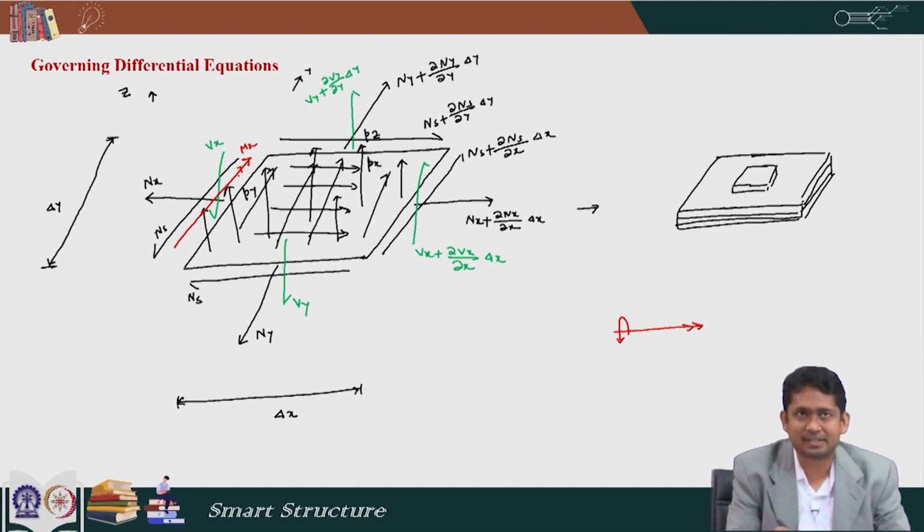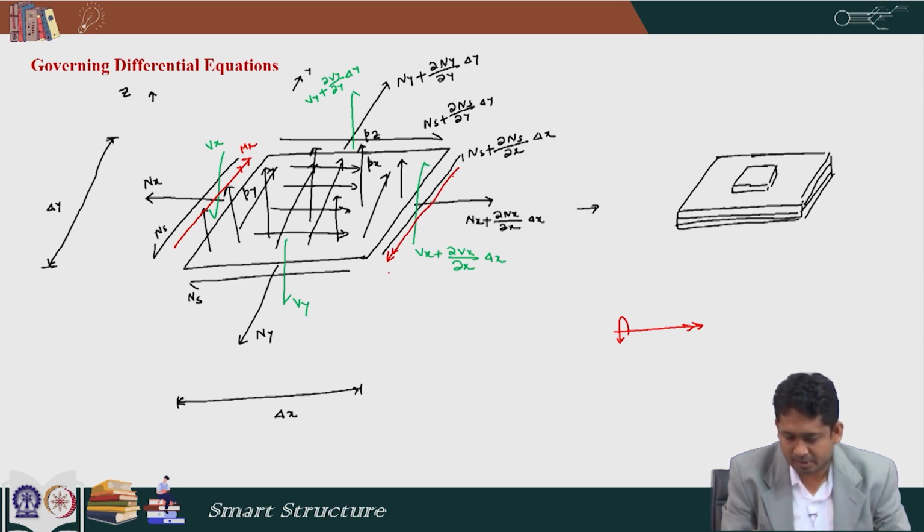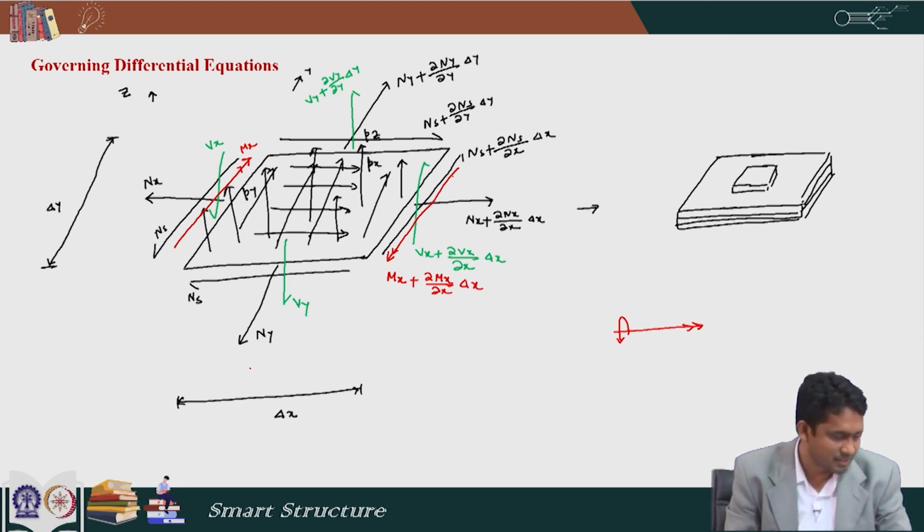So, this is mx. Again, please understand, as was said before, this mx acts with respect to the y axis, but because we get this moment mx by integrating sigma x after multiplying with z, we call it mx. And similarly, we have mx plus del mx by del x multiplied by delta x.